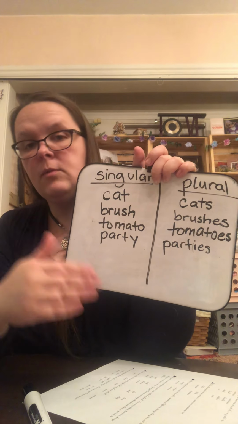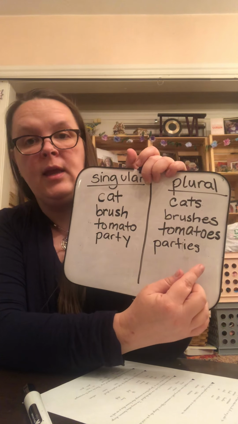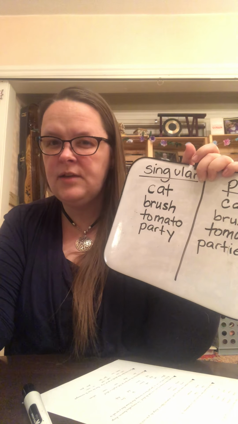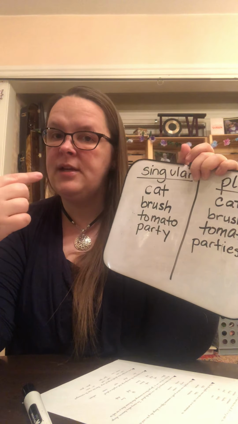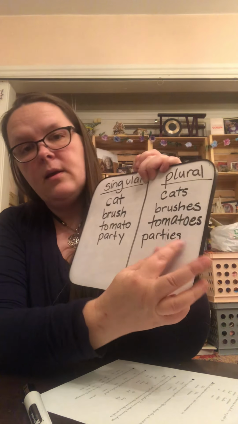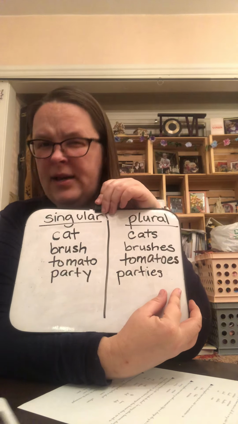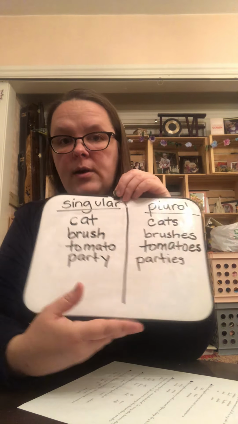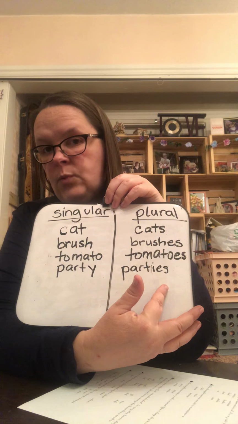One party, multiple parties with an IES. And that's, again, because if you just had the YS, then you might say something odd. Most of these spelling rules are based on the way that we naturally say things anyway. So party, parties with an IES.